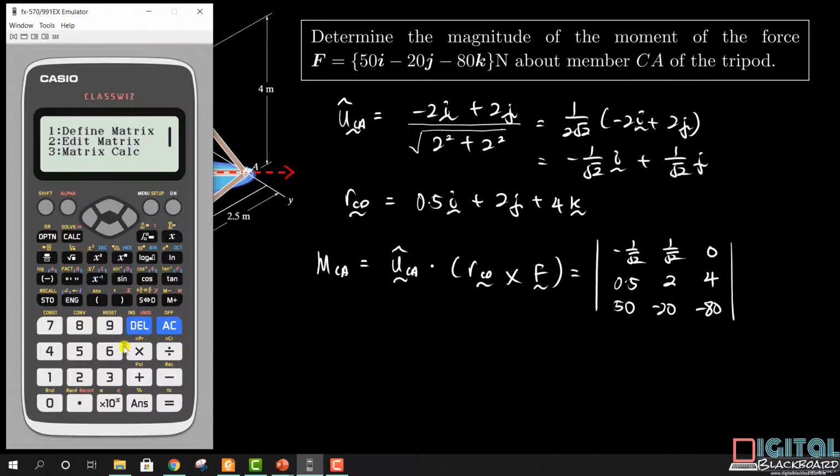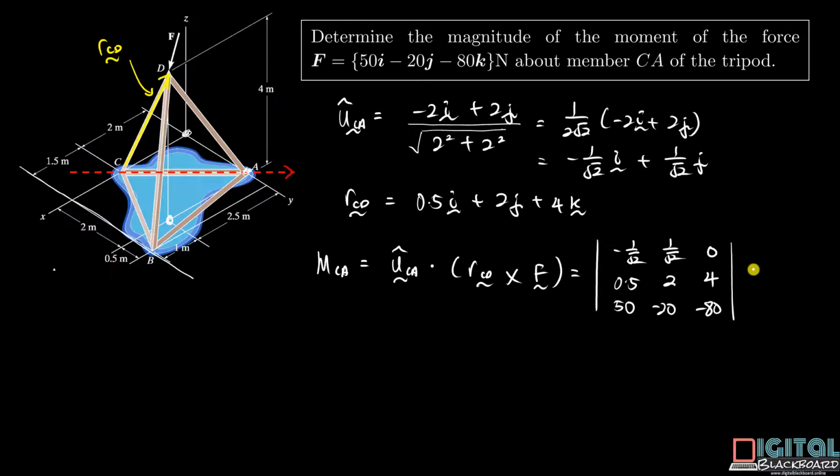Then go to option, matrix calculations, go down to options again, then determinant, and then we choose our matrix A, which is option 3, and that should give you the answer of 226 Newton meter. So this is equal to 226 Newton meter.